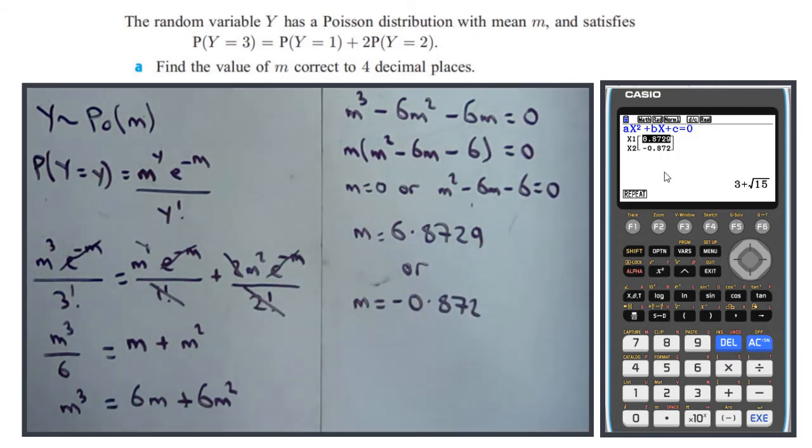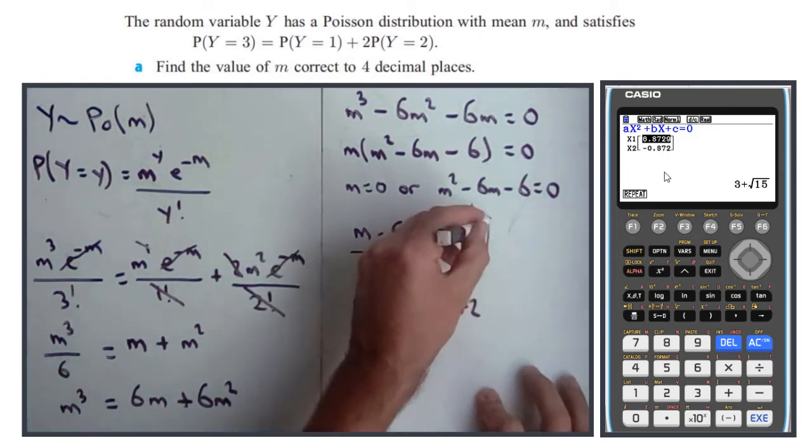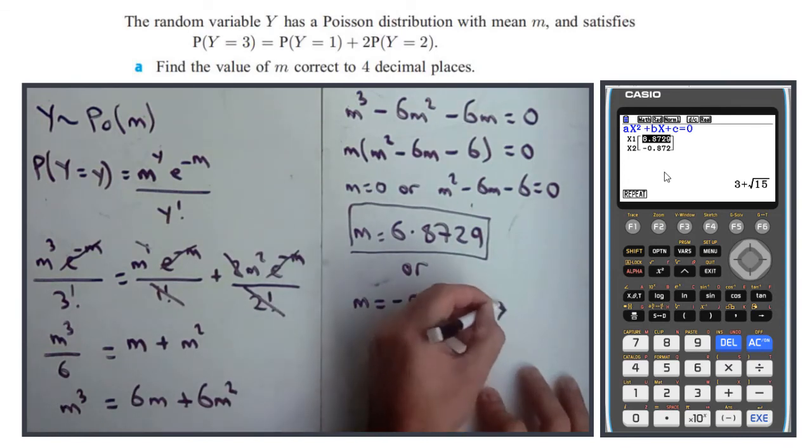Well, if you think of what this is, m is a mean, and remember this is the amount of occurrences of a physical thing. What the Poisson distribution models is the amount of times things happen. It's a discrete distribution. You can't have a negative amount of times things happen in a window, and you're not going to have zero either. So the m we are going to use is 6.8729, so we will disregard this one.